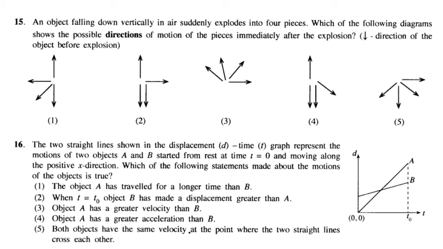So, answer 5. Question number 16. Two straight lines shown in the displacement time graph represent two objects' motions.